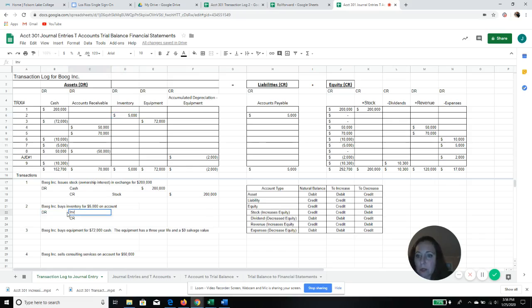So I'm going to type in inventory and record a debit of $5,000. The other side of this transaction was an increase to accounts payable of $5,000. Accounts payable is a liability with a natural credit balance, so we'll increase with a credit. There we go.